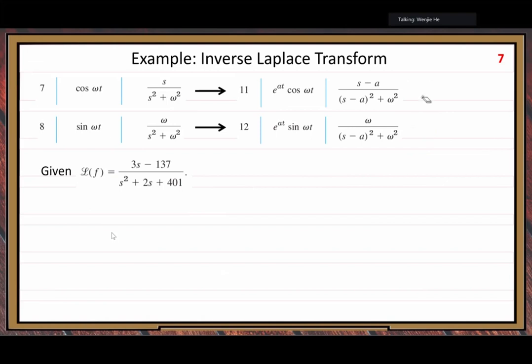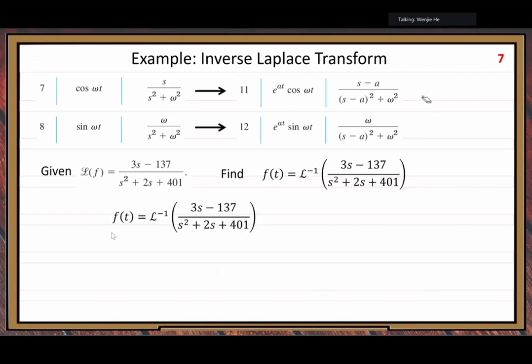So we just rewrite it this way. Can you see some special structure of the denominator? Can you see s squared plus 2s plus 1? That is the complete square, s plus 1 squared, then plus 400.